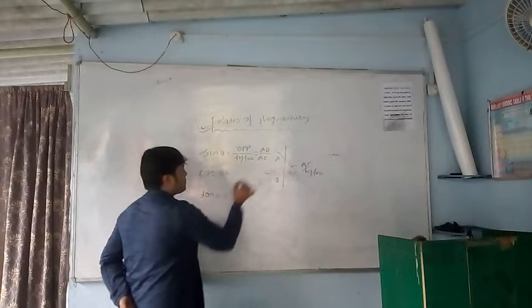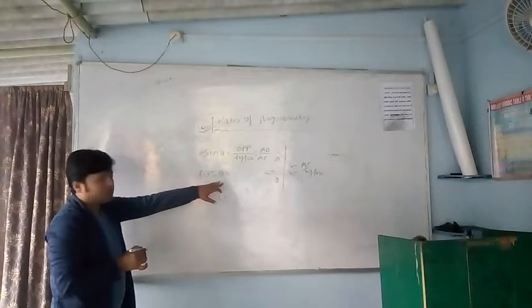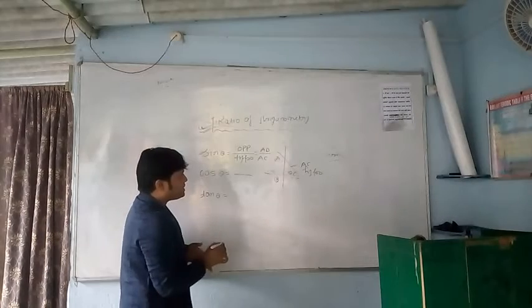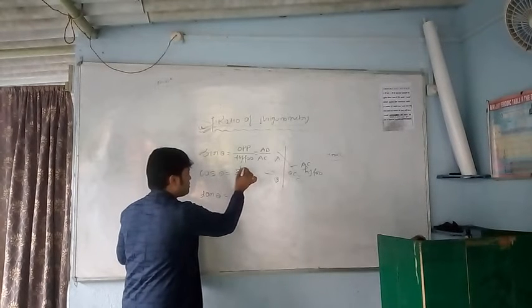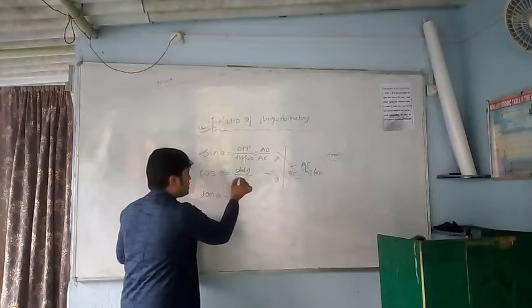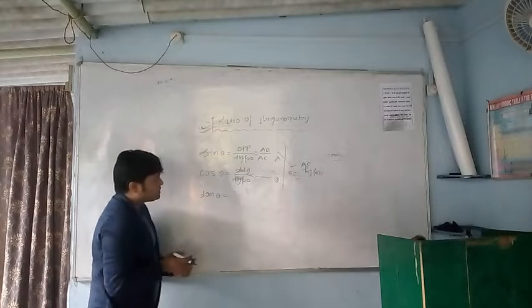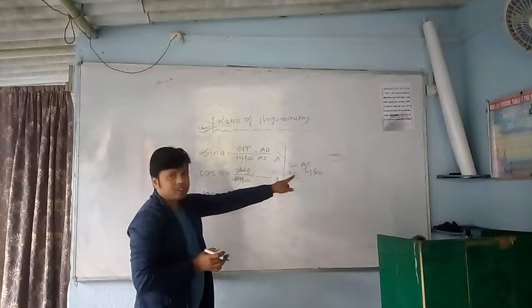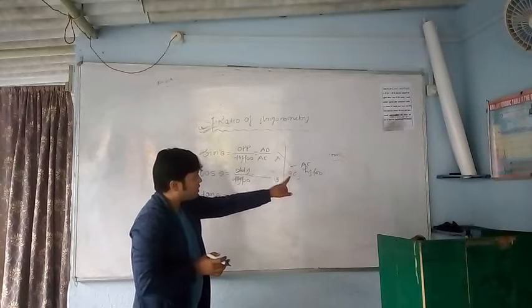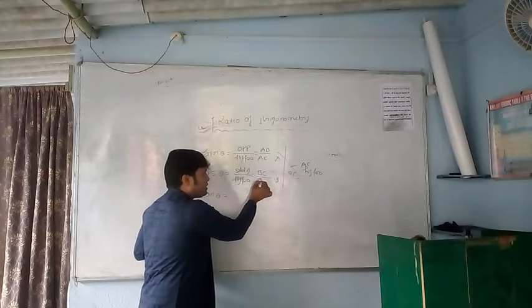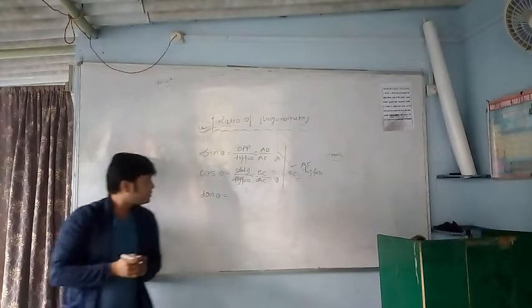So sin theta is AB upon AC. Now we talk about cos theta. Cos theta is adjacent upon hypotenuse. What is the adjacent side? For angle C, the adjacent side is BC. It means BC upon AC. Got it?